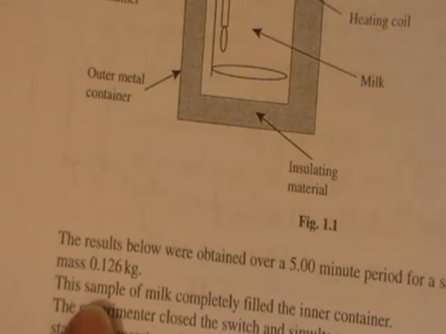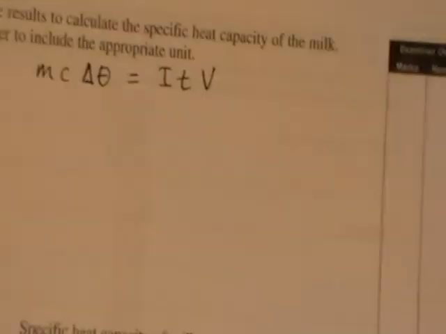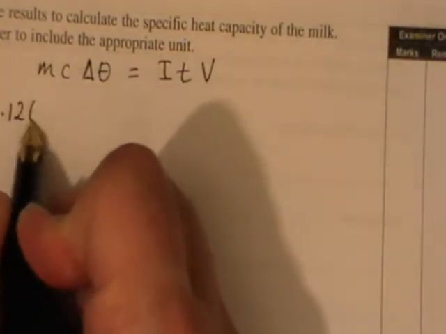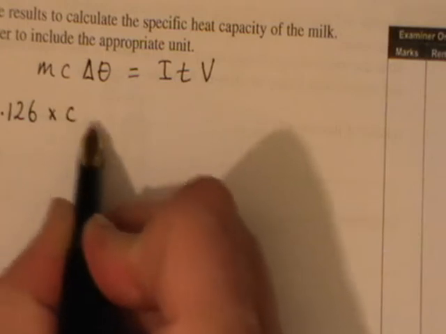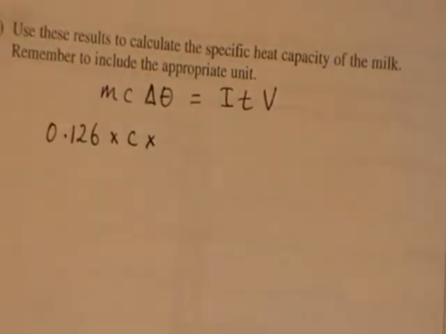We just need to check what the mass was again. So the mass of the milk was 0.126, and we can then say 0.126 times the specific heat capacity, which is what we're looking for, times the temperature change.